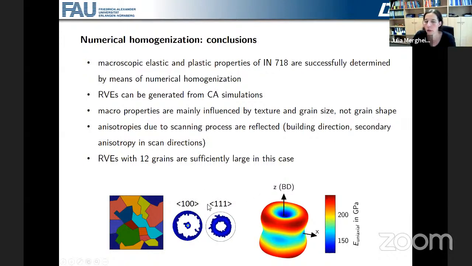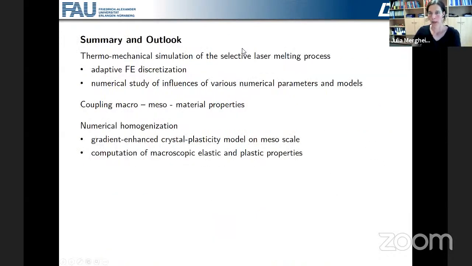So it could be easier to just use the pole figures here, but have an artificially generated RVE, let's say by means of Voronoi tessellation, which does not capture the exact shape which comes out of the CA simulations. We capture here by means of the homogenization the anisotropies due to the scanning process, so in building direction and also in the scan directions, and the RVEs with the 12 grains are sufficiently large in this case.